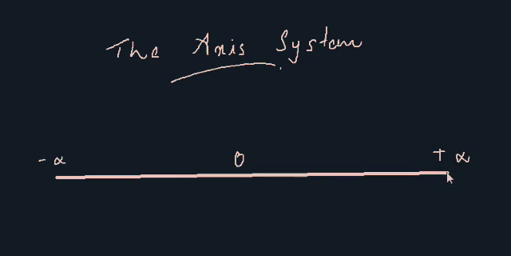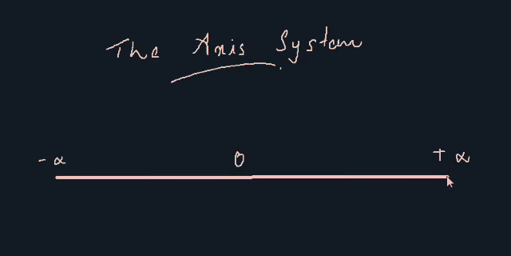You will get a line like this, which has an origin at 0 here and two ends which are leading to infinity. This is called a number line.